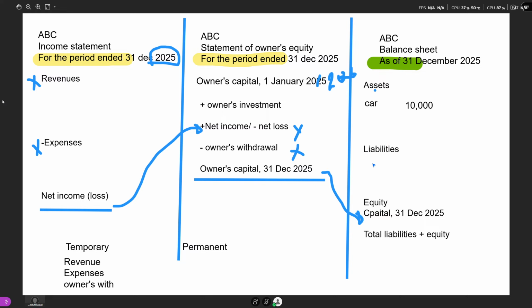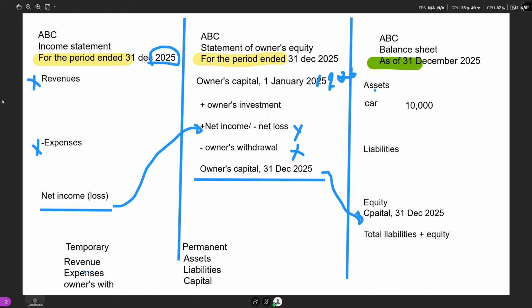Because liabilities can only be removed when they are settled. I can't get rid of liabilities unless I pay them. So next year my liabilities will also come with me, and also my capital. So these are permanent accounts. All of your assets, all of your liabilities and your capital are the permanent accounts.